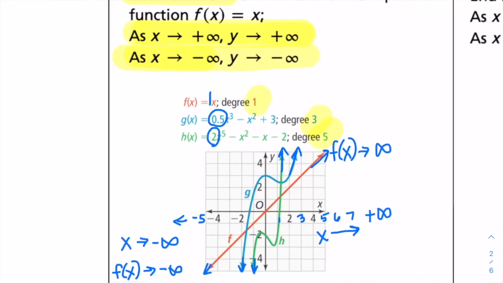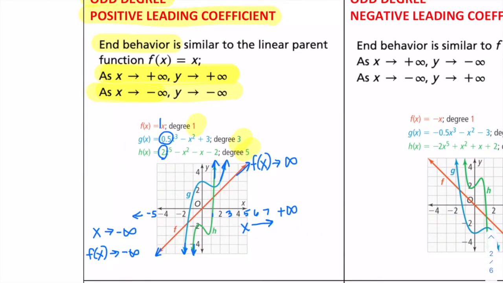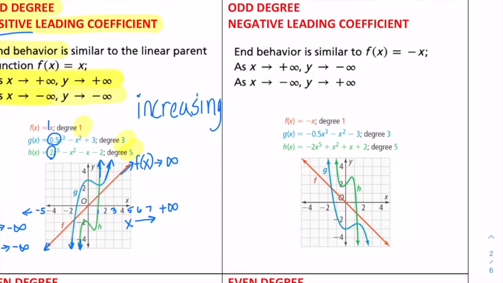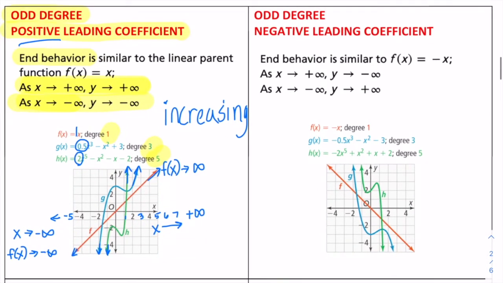And that makes sense, right? So if it's positive, it has a positive slope, it's going to be increasing. So it's going up. Versus when it's an odd degree going down, or negative when it's decreasing, we can see the opposite.